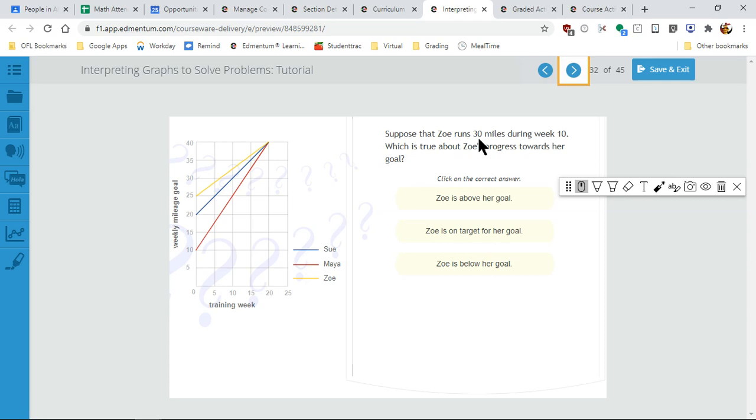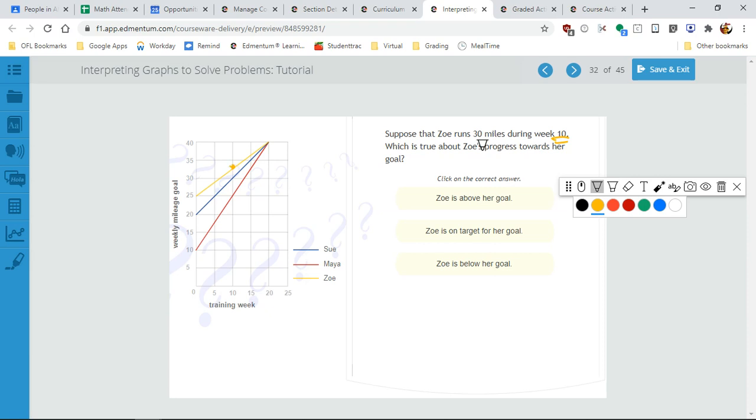Suppose that Zoe runs 30 miles in 10 weeks, which is true. So we're going to talk about Zoe. Zoe's the yellow one, so I'm going to use my yellow marker just to keep in touch. So 30 miles in 10 weeks. I'm just going to use week 10, and go up here.